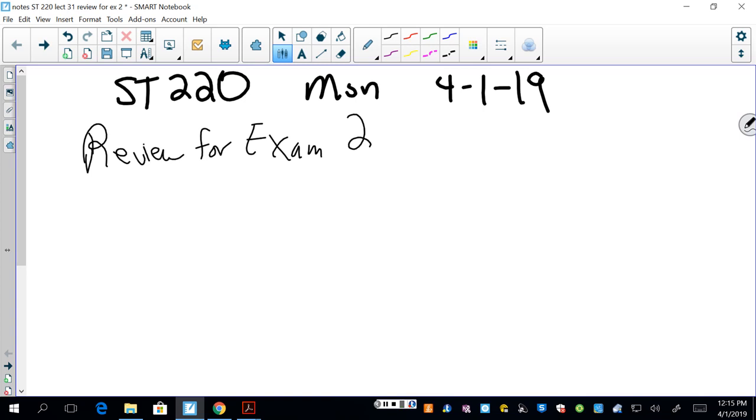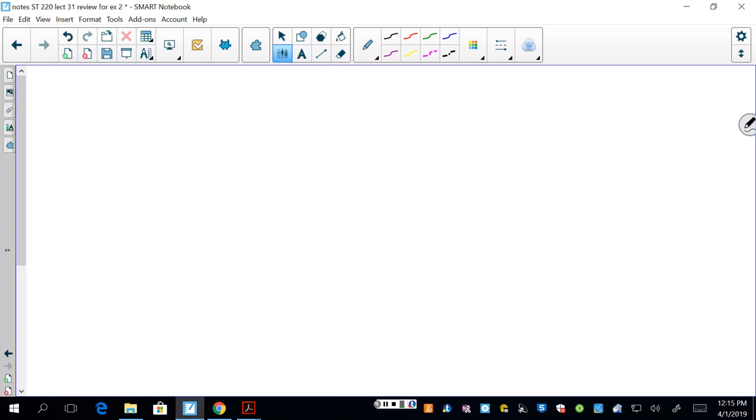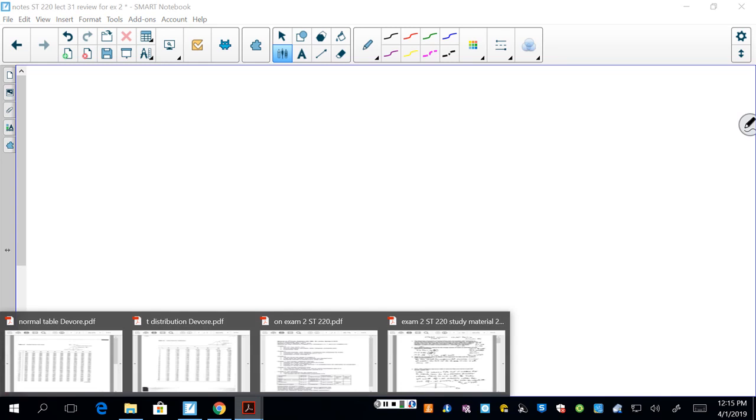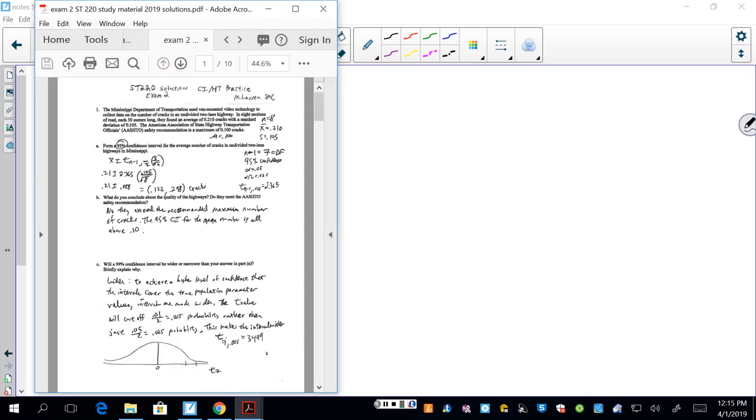So one thing we can do is, motivated by some of the problems on the study guide, these are the solutions for some of the practice problems. One of these problems had a band-mounted video technology to count the number of cracks on highways.